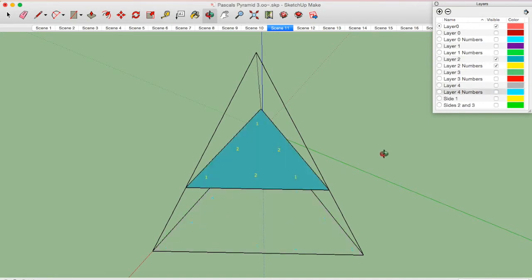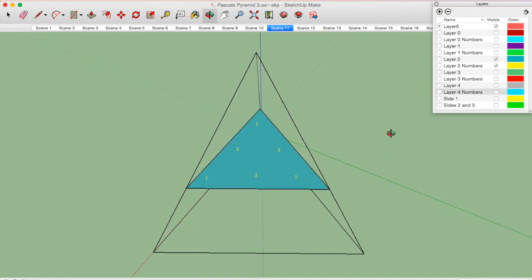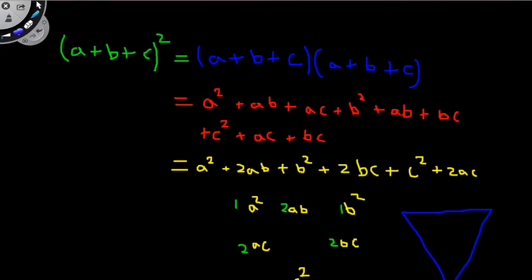So if I add these numbers back, I'm going to show you how the sum of a plus b plus c all squared relates to this layer of Pascal's pyramid. And so you can see that right here. (a + b + c) squared. I have it shown here. And then simplification. This is my final answer.